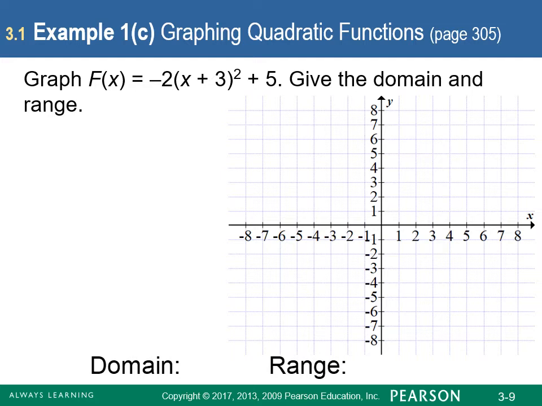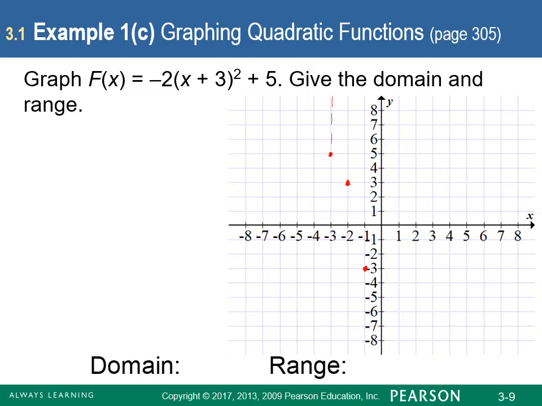So from what I did on my calculator, I know that there's a point at negative 3, 5, and that was the vertex. There was also a point at negative 2, 3, and there was also a point at negative 1, negative 3. Now, those are the only points that I'm going to bother with.